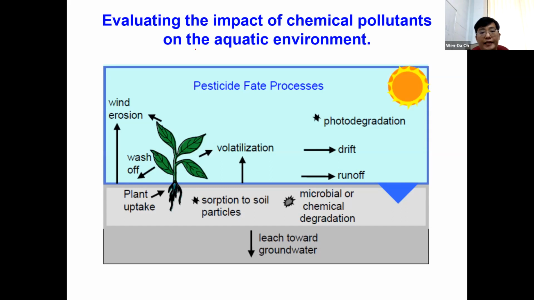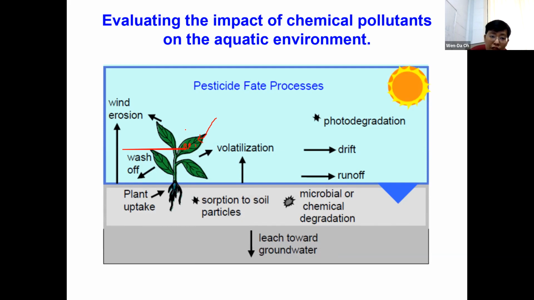So if you have pesticides in the environment, right, these pesticides are applied to plants, for instance, right, you have a lot of these pesticides for agricultural purposes.